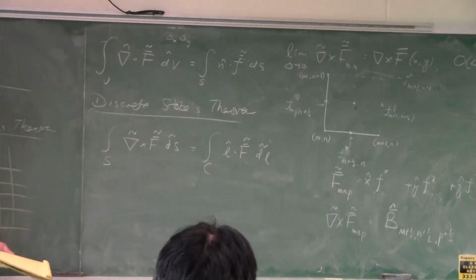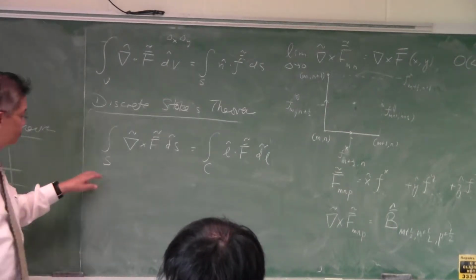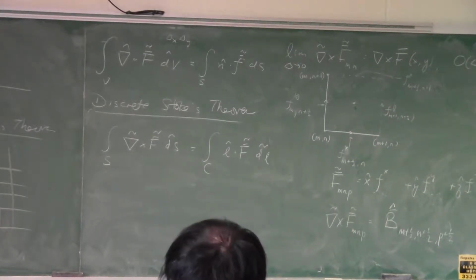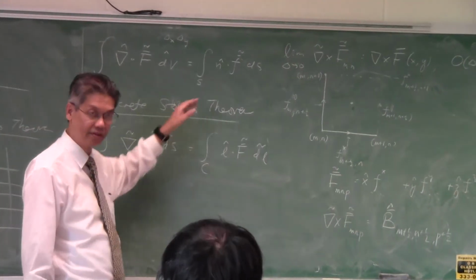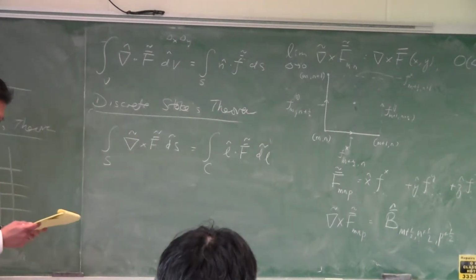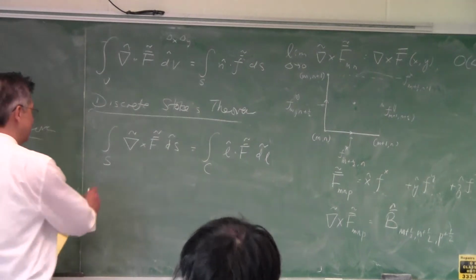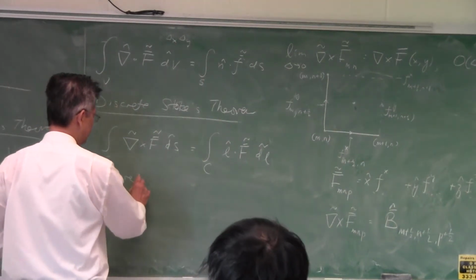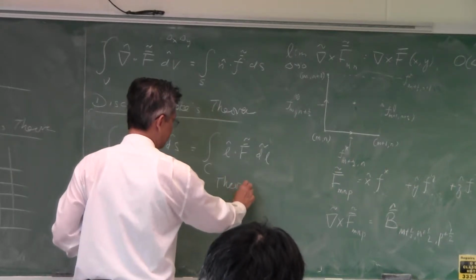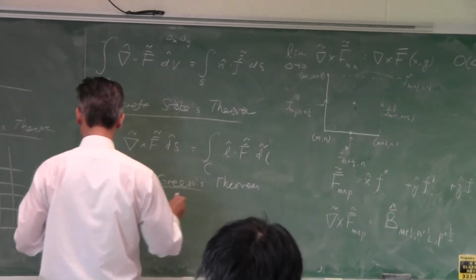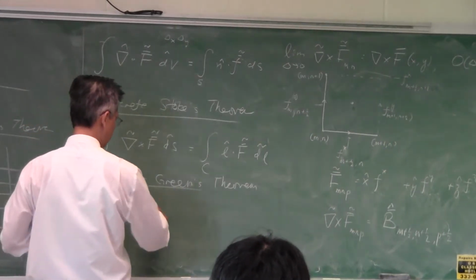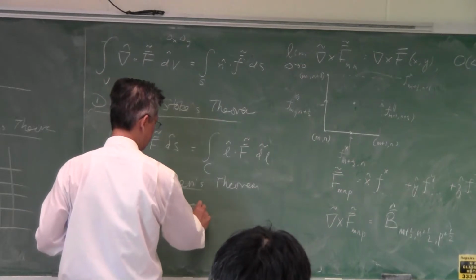So the discrete Stokes theorem holds true, with the sum according to the surfaces in the discretized world, and the circulation according to some contour that goes around all those things. And then you can go on and on. You can have a discrete Green's theorem because the chain rule holds. Okay, you can have a discrete Huygens principle. You can prove Huygens principle.